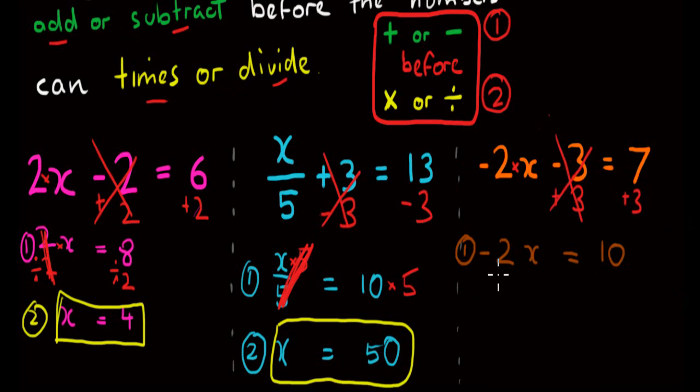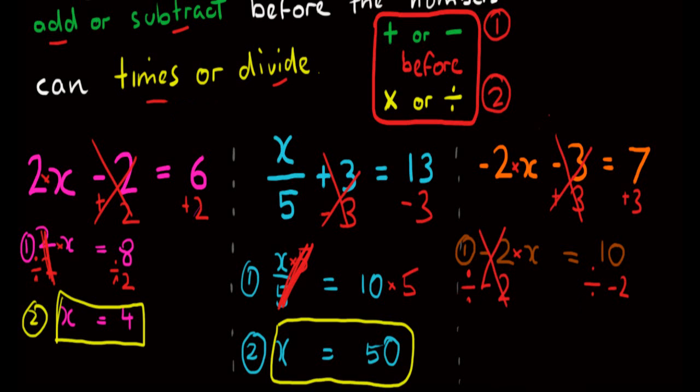Important, what we have here is actually minus 2 times x. And what we want to do here is remove that minus 2, so we have to remove the whole thing. Because it's times, we do the opposite. We divide both sides by minus 2. Divide the whole thing by minus 2. And then after that step, minus 2 divided by minus 2 cancels out. That's just 1. The minus cancels out as well.